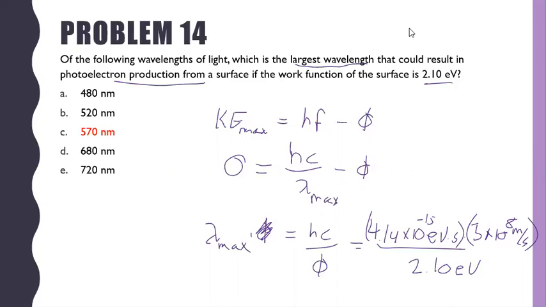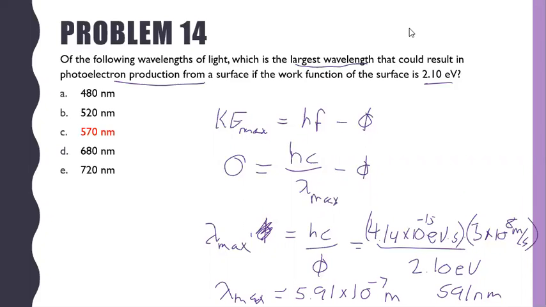That gives me a wavelength that's 5.91 times 10 to the negative 7 meters. That would be 591 nanometers. So I cannot go any higher than that, but I can go all the way up to that.